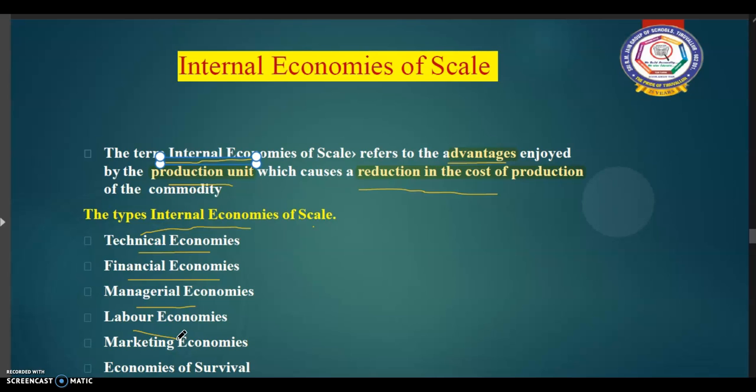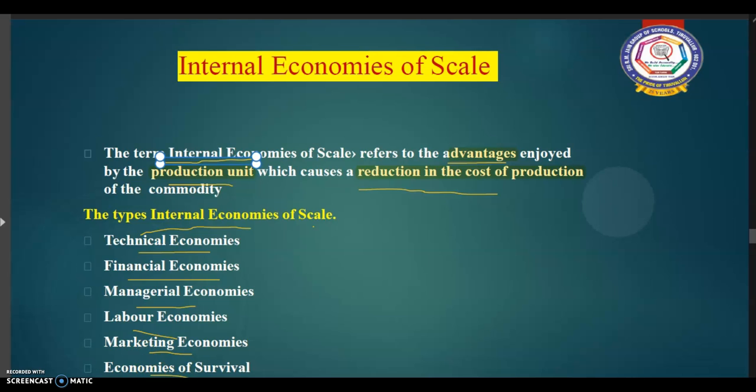So this increases the productivity of the firm. Next one, market economies. In large scale production, the producers can buy raw materials in bulk at cheaper cost and can take the products to distant markets. They enjoy huge bargaining power through marketing.